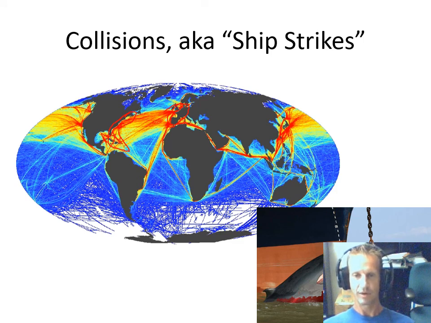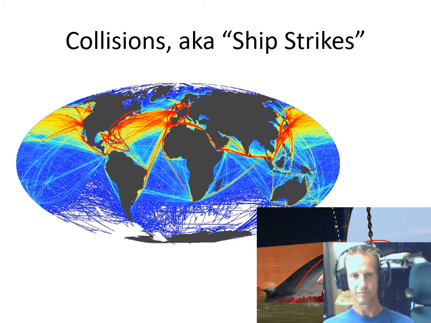And so even fast swimming organisms like baleen whales will end up getting struck and killed by boats that are blasting through the ocean. One of the ways that we can reduce mortality from ship strikes is by having speed limits for boats in areas where we know that there's large amounts of whales congregating, and/or having detection systems where when whales are detected in the area, a warning goes out to all the boats that they have to reduce their speed to avoid hitting the whale.